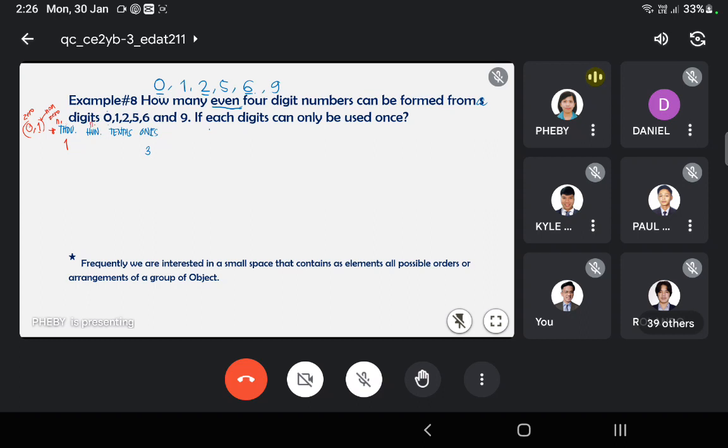For n sub 2 naman, since ang digit natin hindi pwedeng ulit-ulitin, looking dito sa 6 na digit na to, okay. So, for the 1,000, kunwari, or for example, yung lumabas or nagamit na nating number is 1. Therefore, ilang numbers na lang yung pwede natin gamitin sa 100 places.